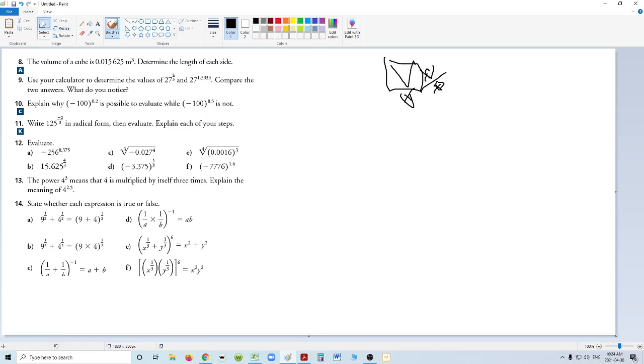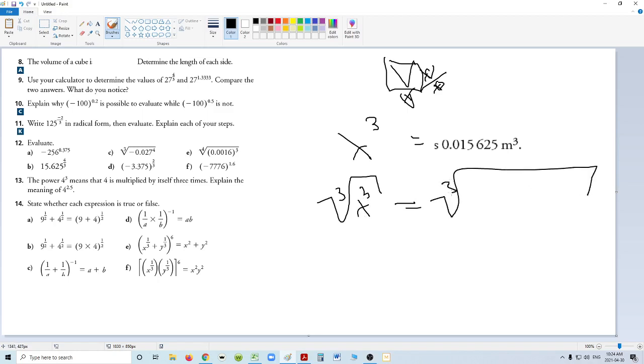They've given this as a volume, and that's equal to x cubed. To solve for x, I have to take the cube root of this number to get the sides.